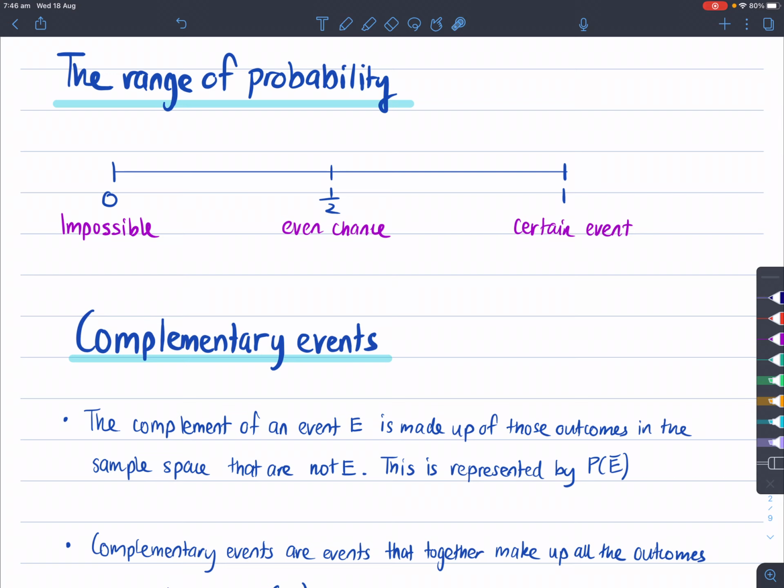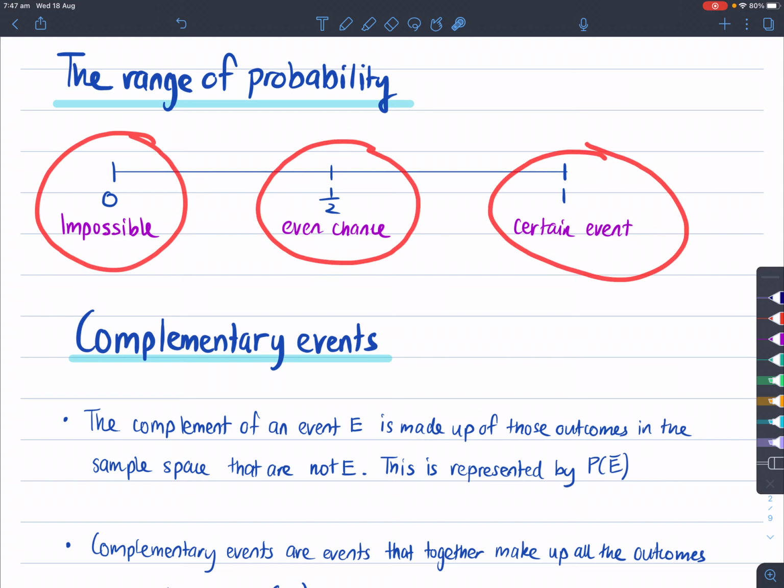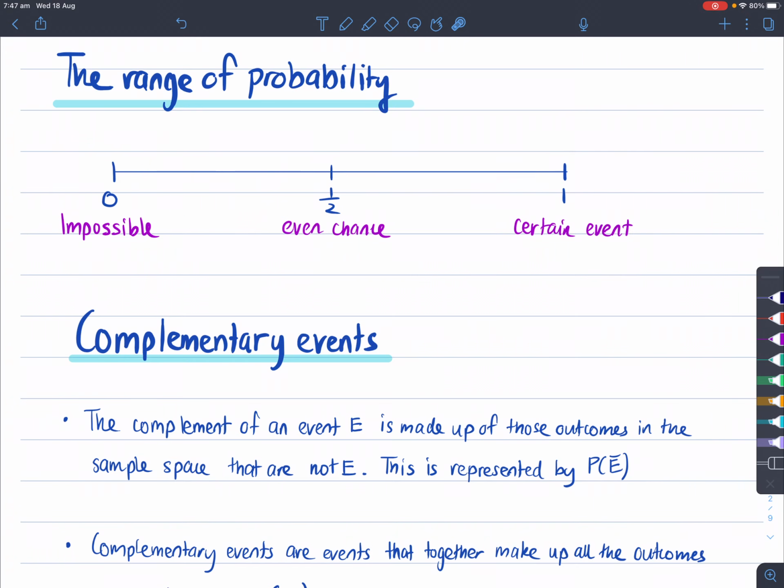Now, the range of probability. As you saw before, each of these answers were fractions, and in this particular case, they are proper fractions. They extend from a probability of 0 to half to 1 as maximum. An example of an impossible event is choosing a green marble out of a bag of red marbles.